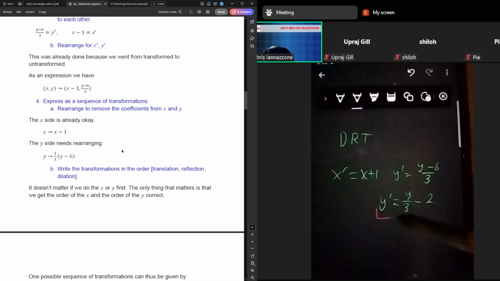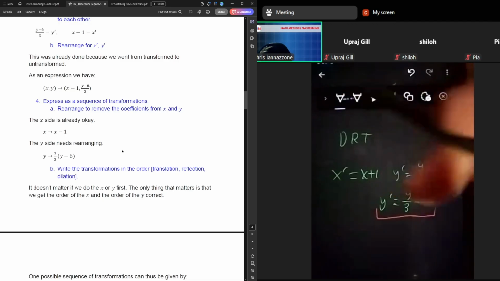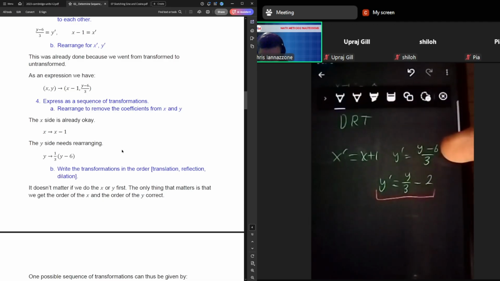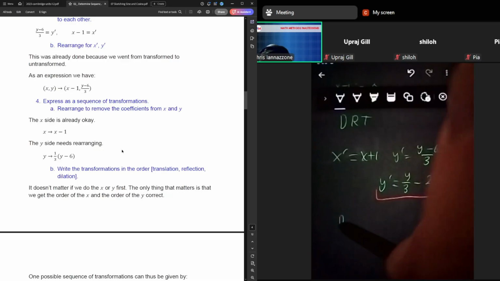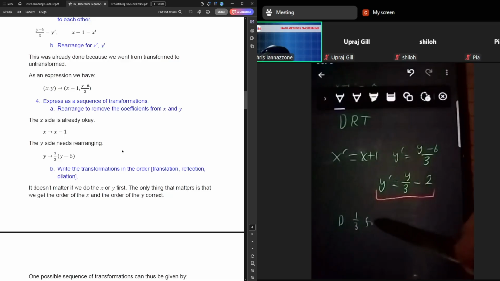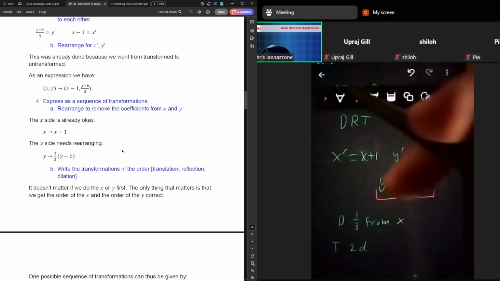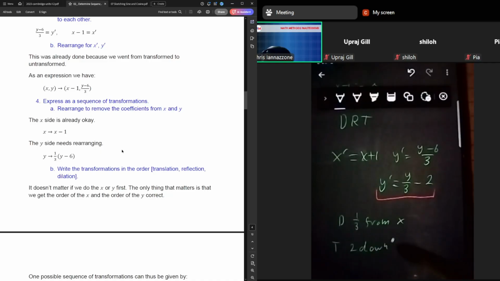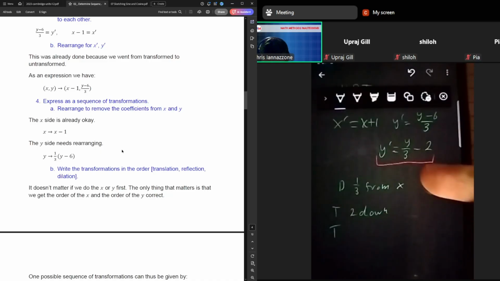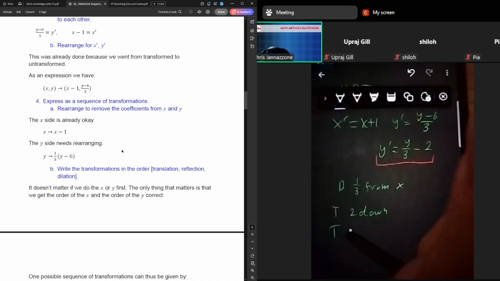When you write it in this particular format, you can now do DRT, which would mean doing your dilate by a third from x. Then you'd look at any reflections, there are none, and then any translations. So this would be translate 2 down, and then translate 1 right.